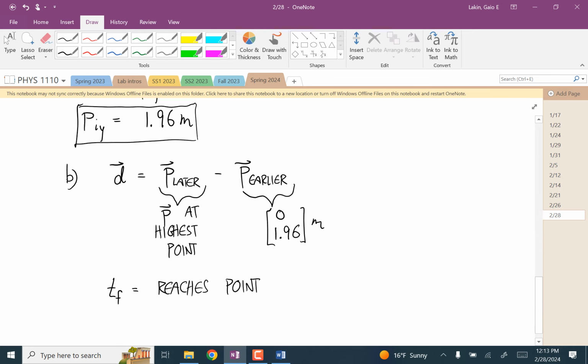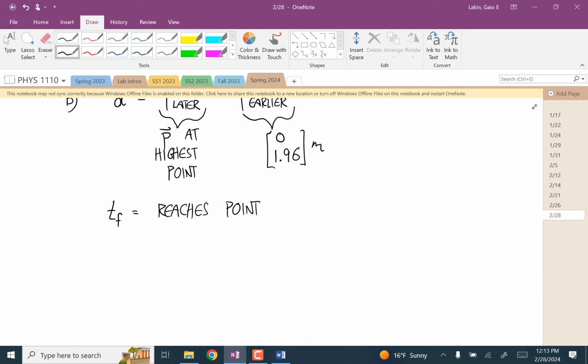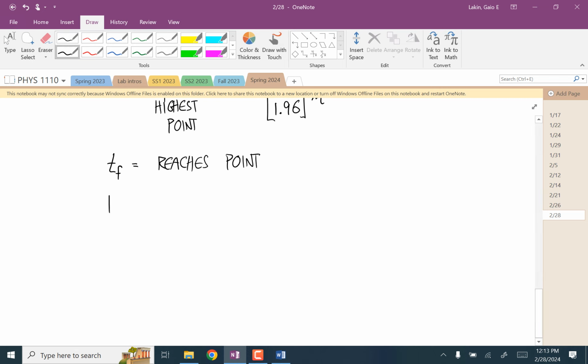I'm going to keep the same coordinate system. Do we know how long it takes for the ball to get to the highest point? We know how long it takes to get to the basket, but we don't know how long it takes to get to the highest point. That's a little before it gets to the basket. So time final, I'm going to leave off. The acceleration is still 0, negative 9.81.